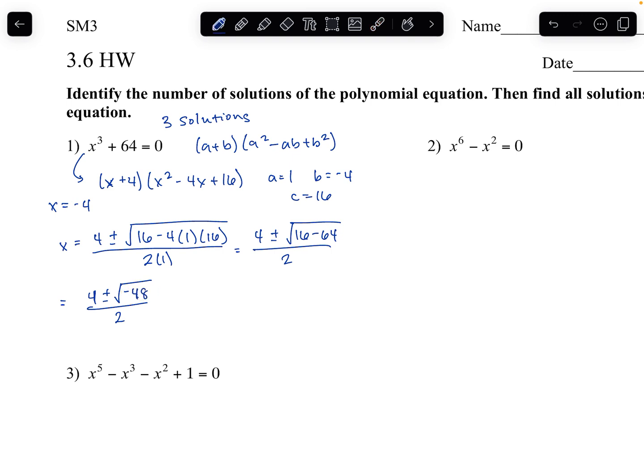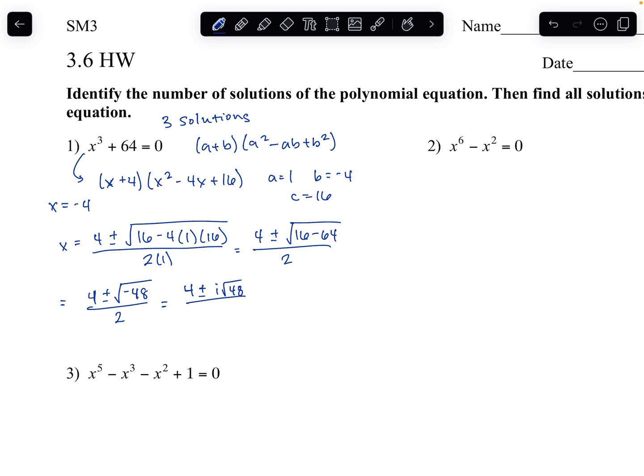So what I can do from here, 4 plus or minus, we're going to say i square root of 48. Because remember that i is equal to the square root of -1. So if I take out a square root of -1, it just becomes i, which is an imaginary unit. It's not saying it's fake, it's just a different kind of number. Kind of like negatives and positive numbers. They're different kinds of numbers.